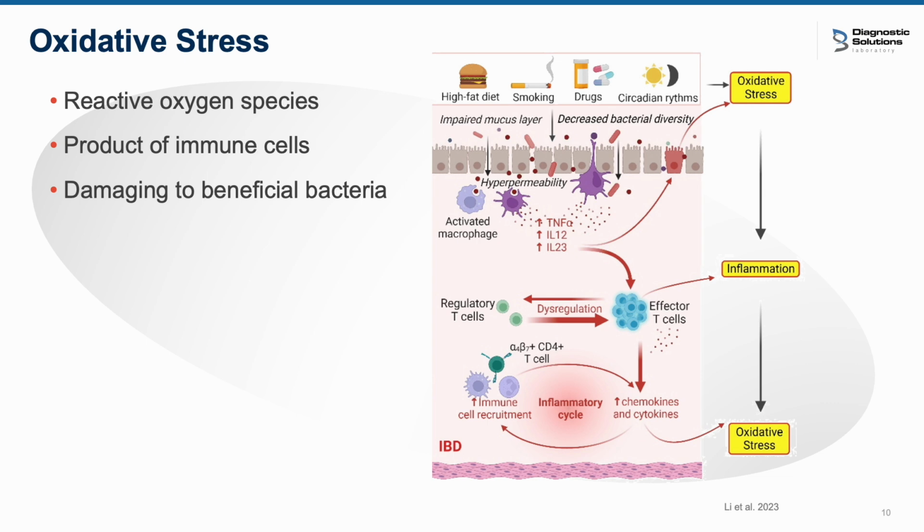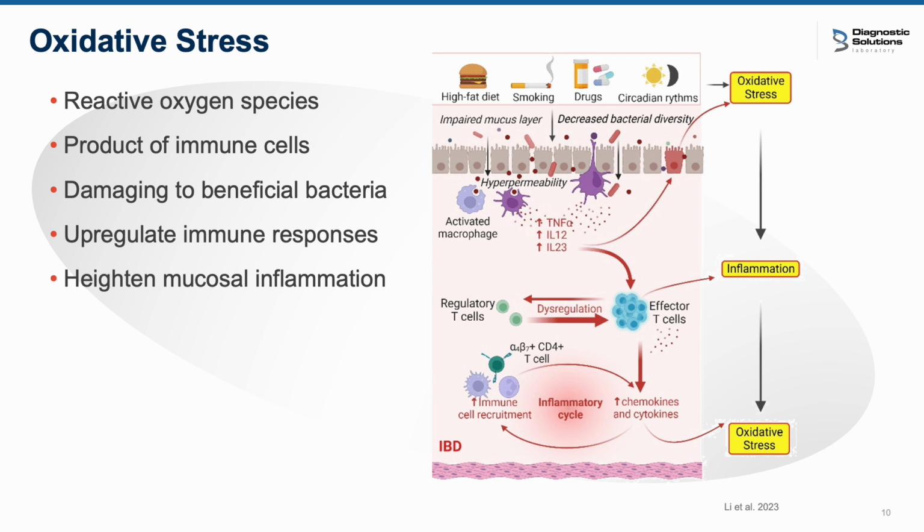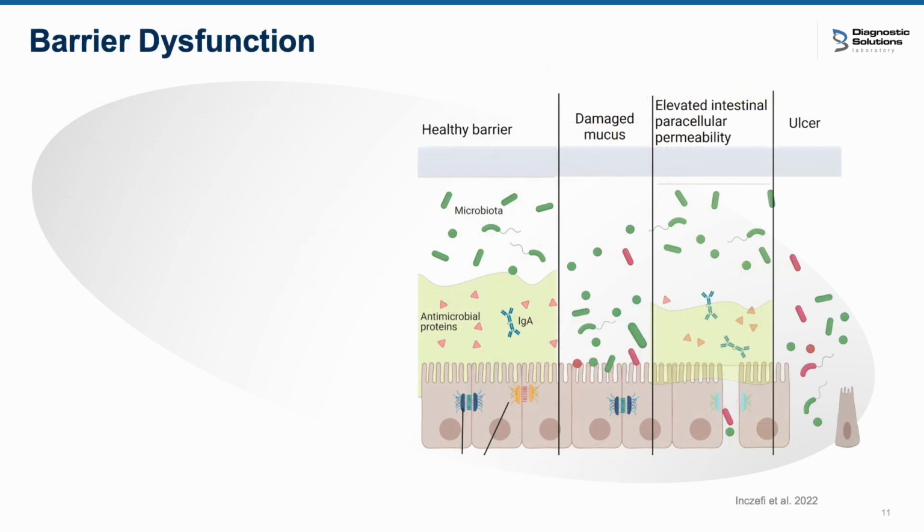And many of these facultative anaerobes are more inflammatory, many are gram-negative, and so you'll see this microbiome skewing towards a pro-inflammatory, partially as a result of oxidative stress and reactive oxygen species. You'll also see the reactive oxygen species upregulating your immune responses, perpetuating more inflammation, as well as increasing the mucosal inflammation at the level of the mucosa and damaging our gut lining.